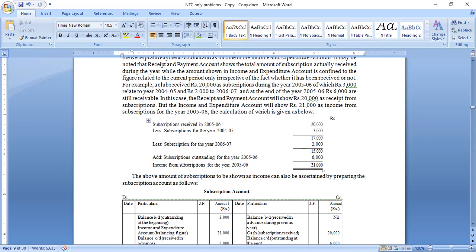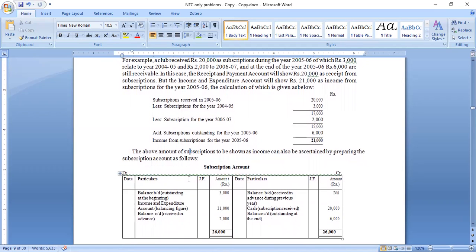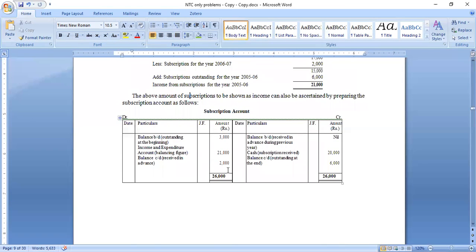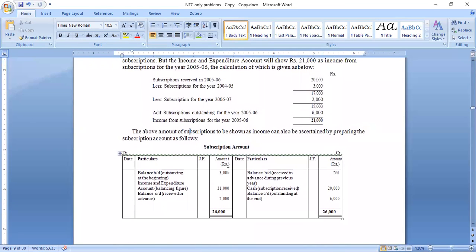How do we have to mention these transactions in the account? In the subscription account, incomes and liabilities have credit side balances, so it opens with the credit side. Whatever amount is received as subscription, we mention on the credit side.